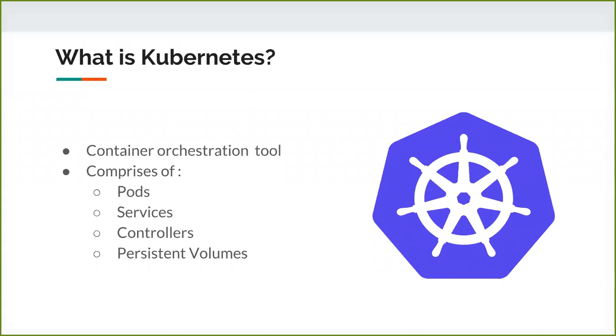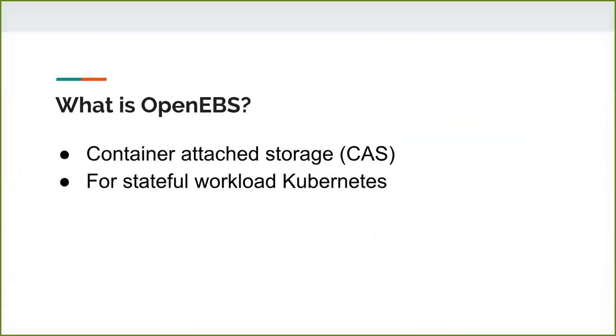OpenEBS can provide the persistent volumes for your pods. Moving next, what is OpenEBS? As we talked about persistent volumes, OpenEBS is container attached storage. That means each container, each stateful workload will have its own storage pod running with it, and OpenEBS is used for stateful workloads in Kubernetes.